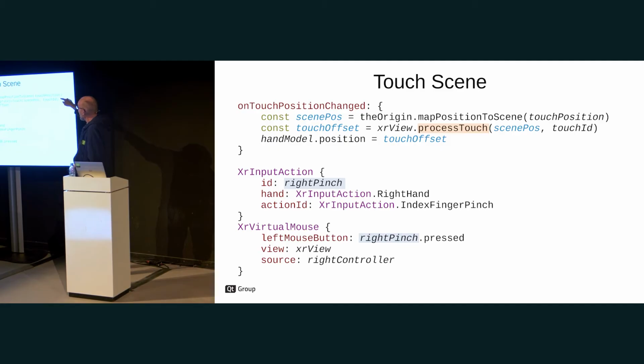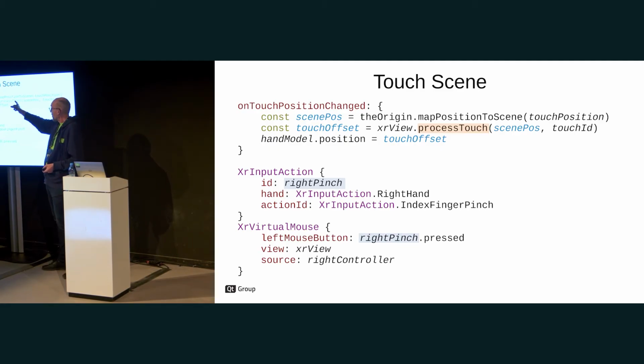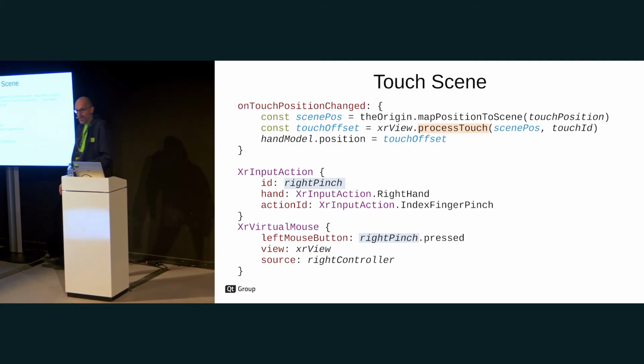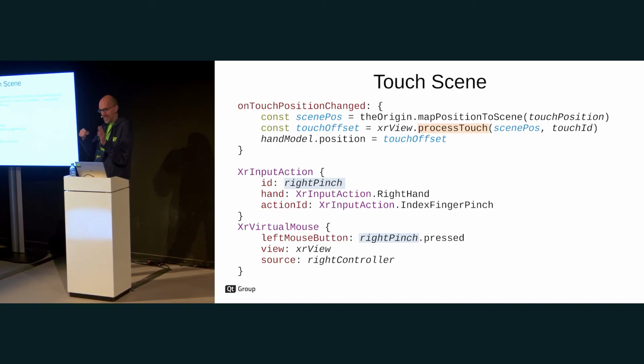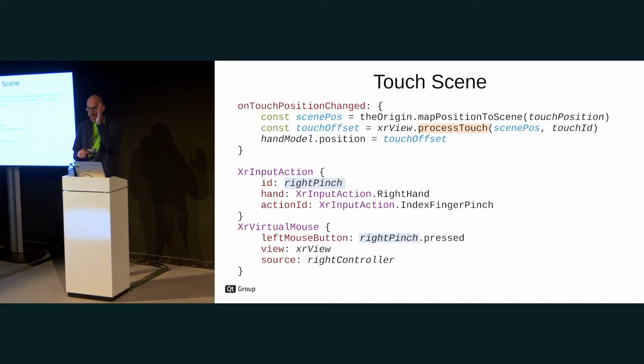The interesting thing here is that the process touch function returns the offset between the XR items. So if this is my XR item, and this is a virtual item, nothing is going to stop my hand from going through there.